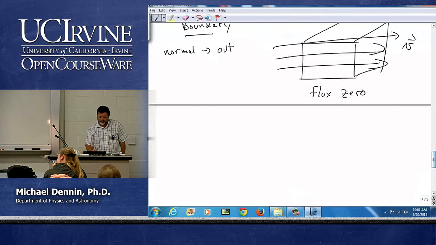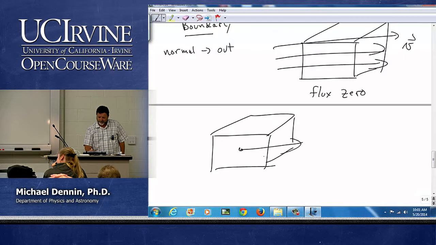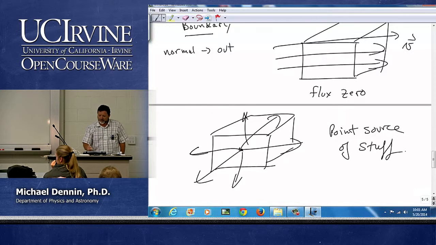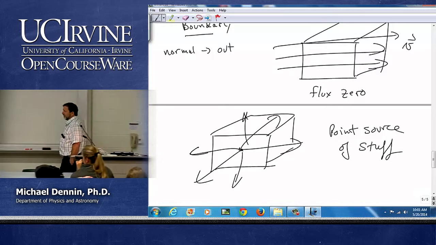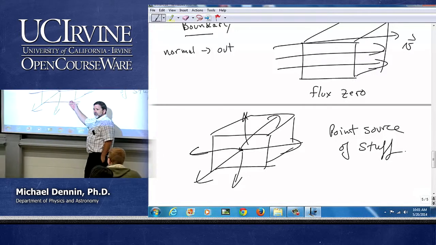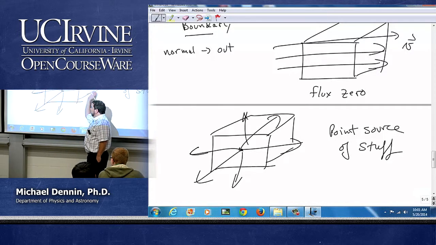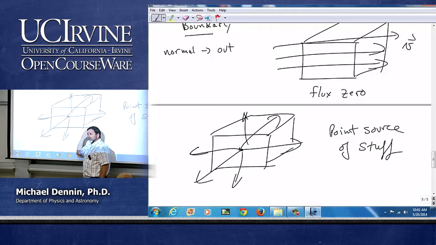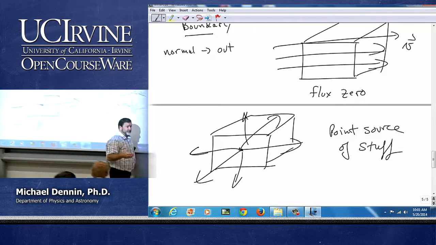Now imagine the other case that's standard to picture, which is a point source of stuff. Now what's the flux? Is the flux non-zero or zero? Non-zero. It has to be non-zero. There's no way to cancel the stuff coming out because there is only stuff out. And so now the divergence is non-zero.